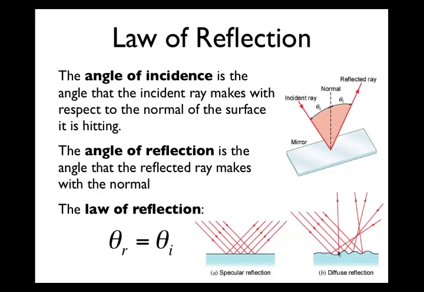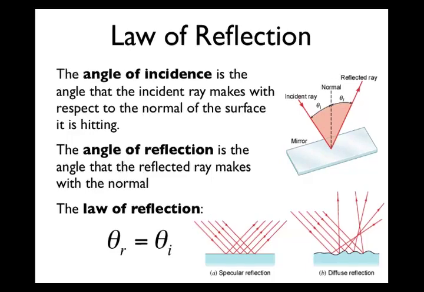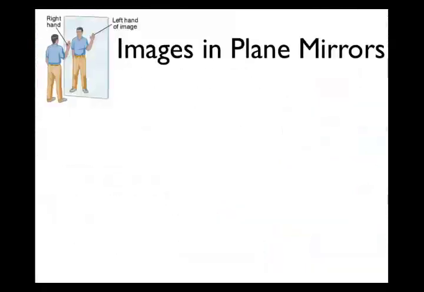They still follow the law of reflection at each individual reflection point, but because those are all different angles, the reflected rays are all at different angles relative to each other as well. And so this is an example of diffuse reflection.